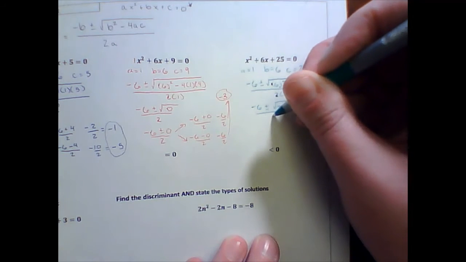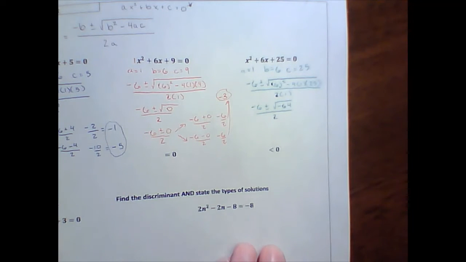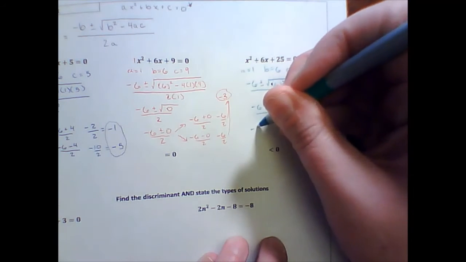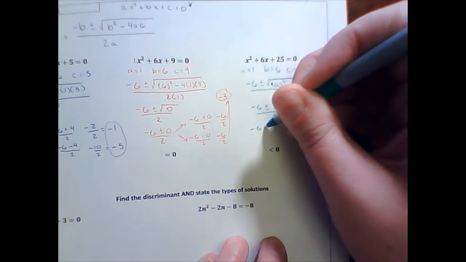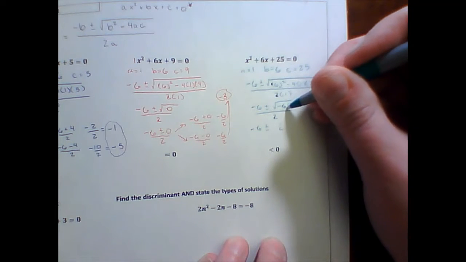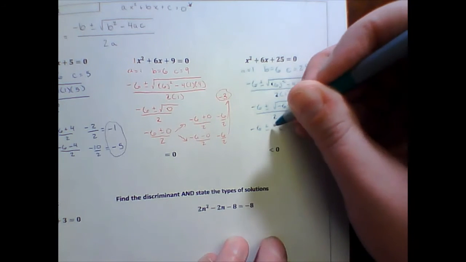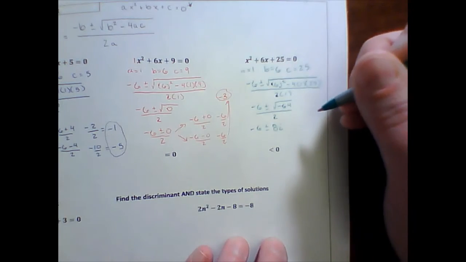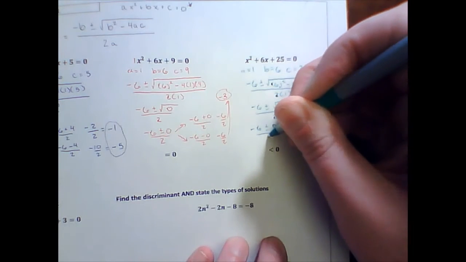That's 36 minus 100. Now this causes some issues, because a negative under a radical, that's the i. And then 64 has a square root, it's 8, but it's attached to an i because it was negative under the radical.